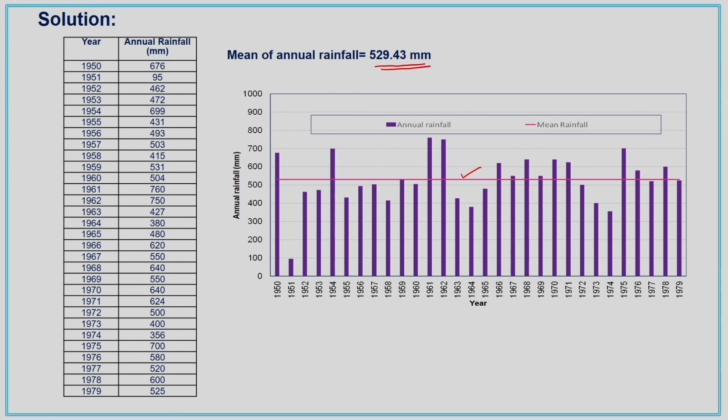So you can see here some of the years' data is above the mean value, right. Some years are below the mean value. Some years obtained rainfall above the average, and some years had rainfall which is below average. What is our question?